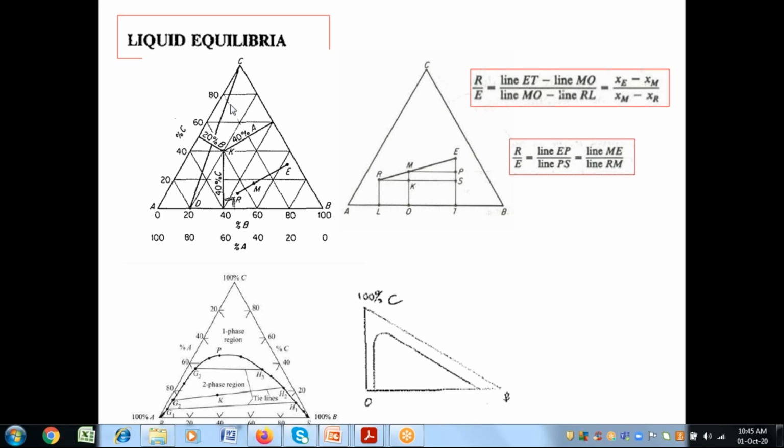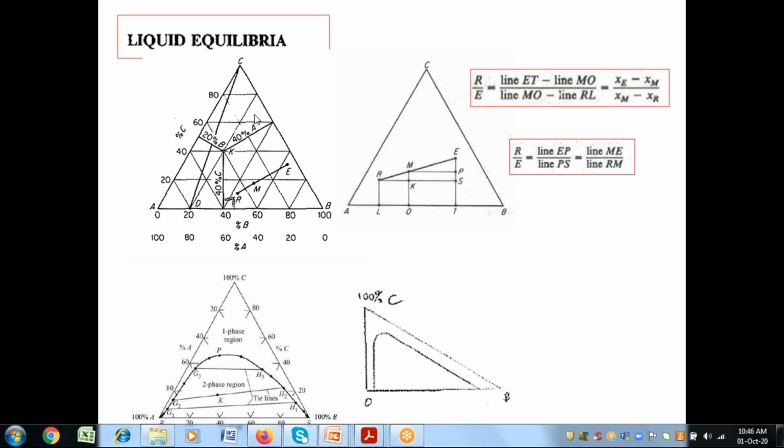When you come down here, your composition of the A and C will be reduced, and then when you come to this side here, A and C will become 0, and it is pure B. So that is how you can represent a single point of a mixture which is having three components.